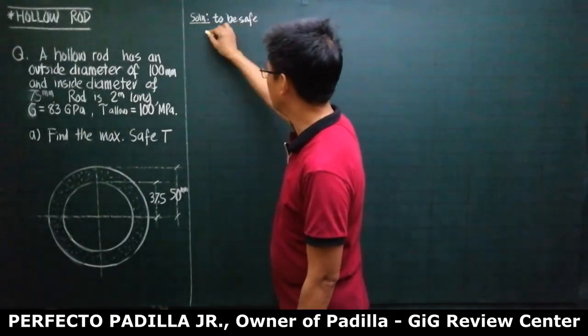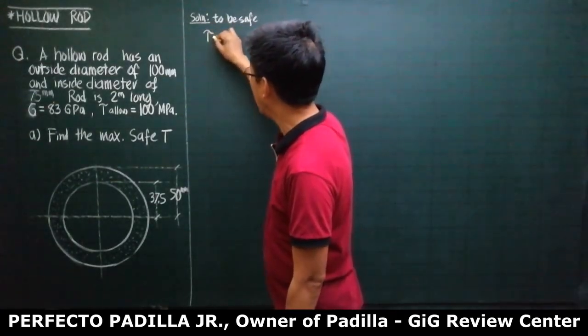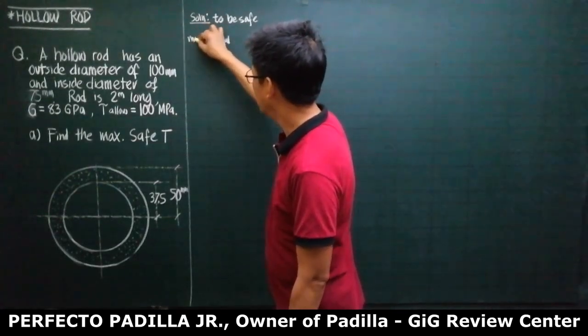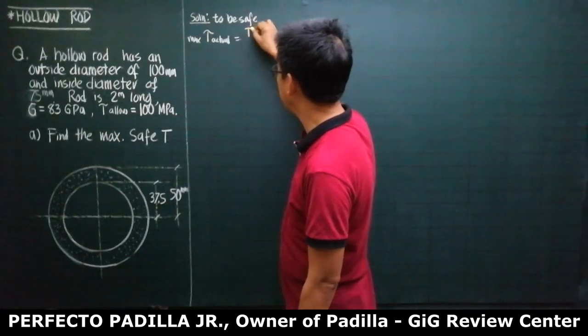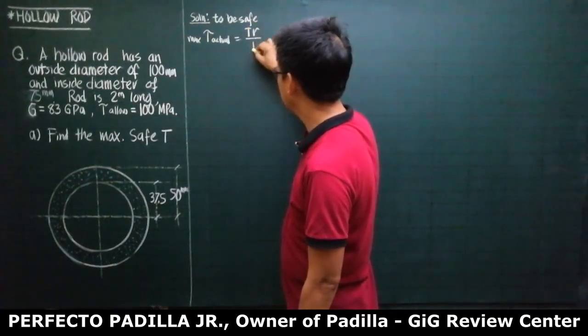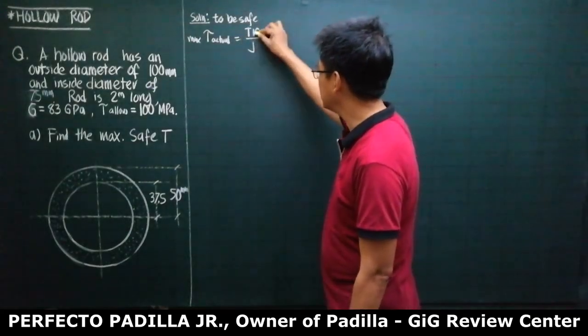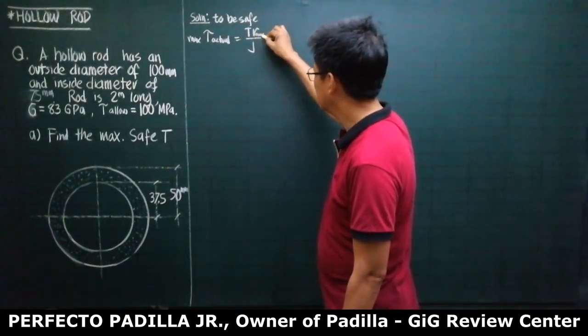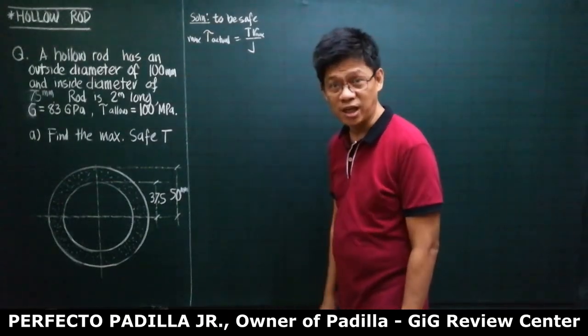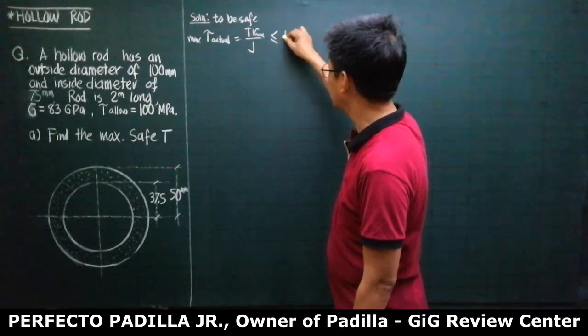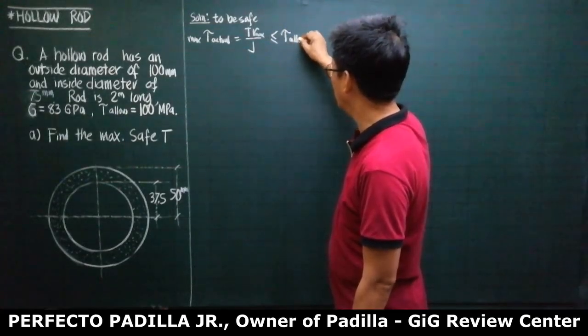So, to be safe, our actual maximum stress, which is given by TR over J, where T is T max, R is R max, and J is J, must be less than or equal to tau allowable.